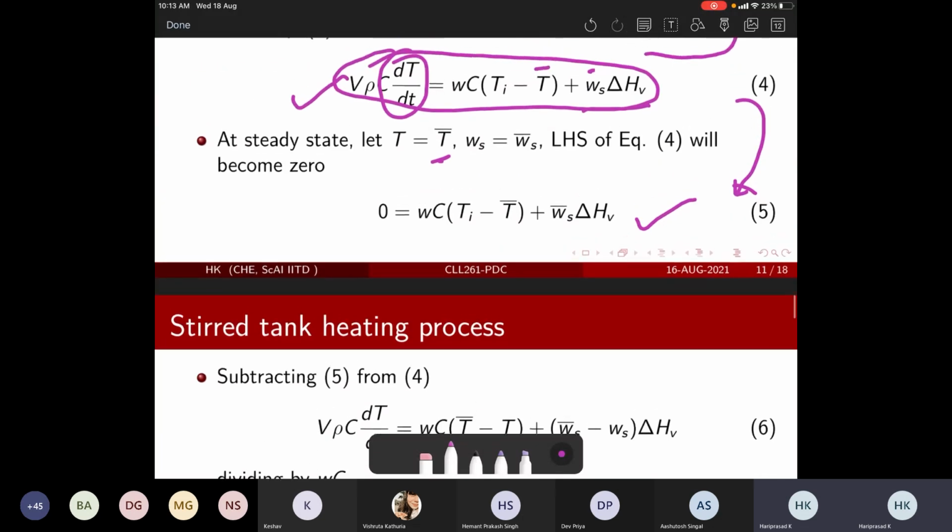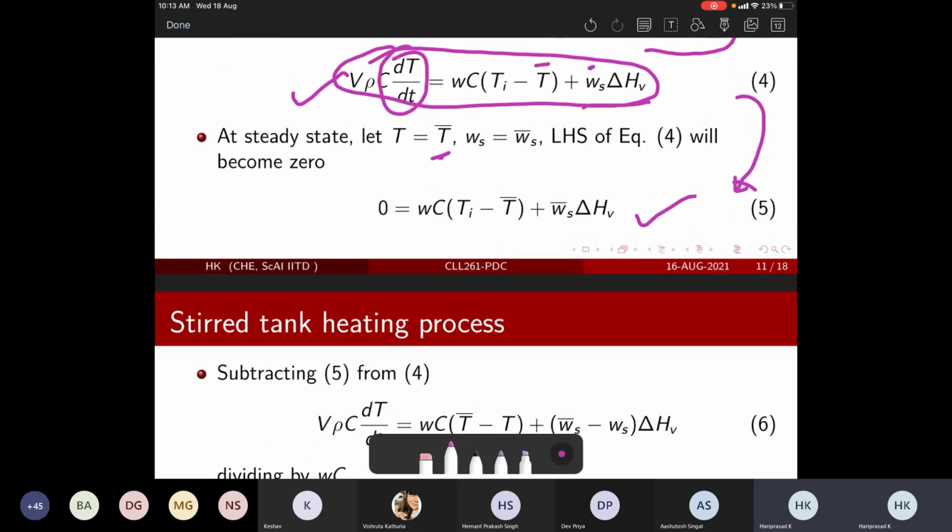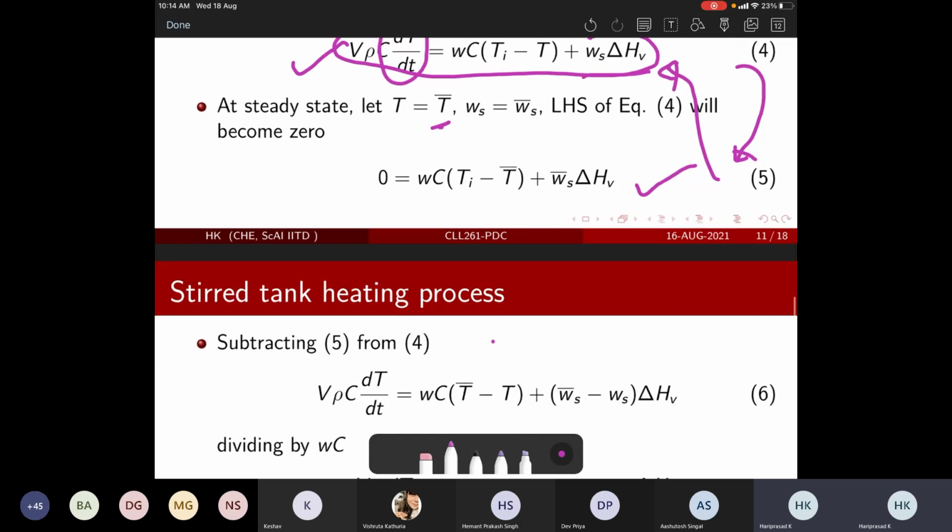Okay, I'm moving ahead. Now we will subtract equation 5 from equation 4. We need the equation to be satisfied for both steady state and dynamic conditions, so we are making this applicable for both.